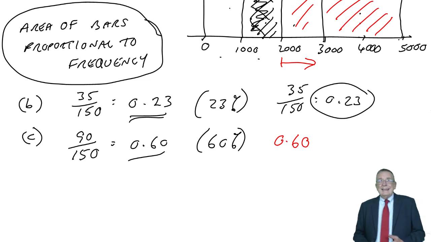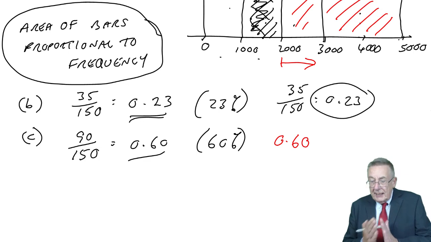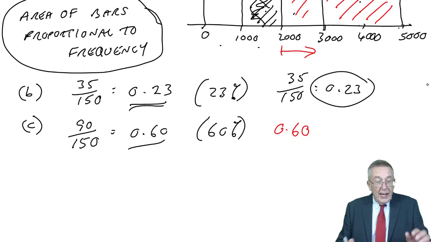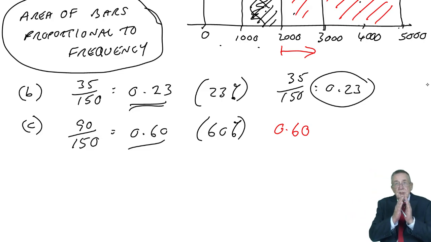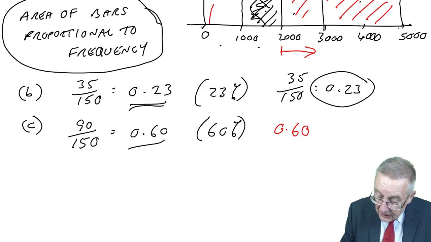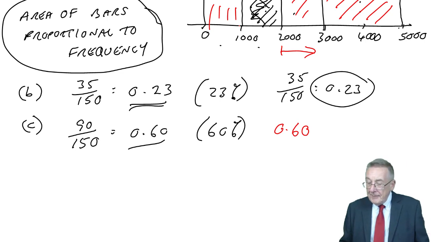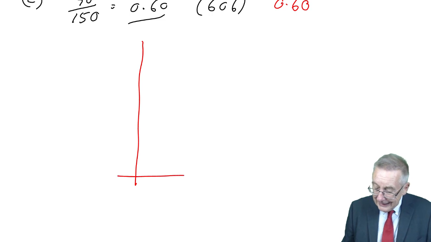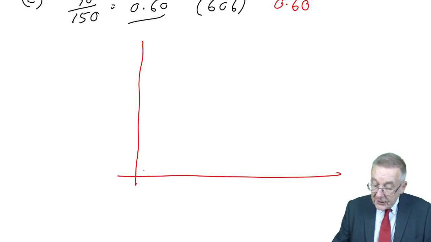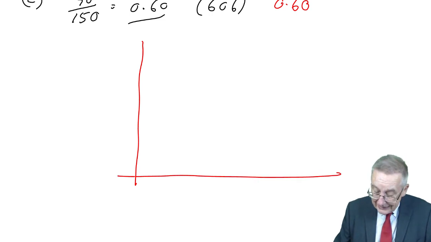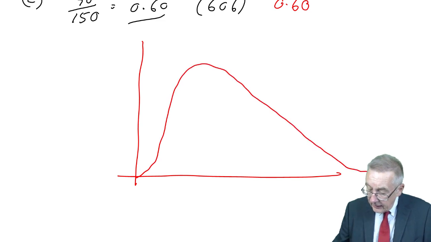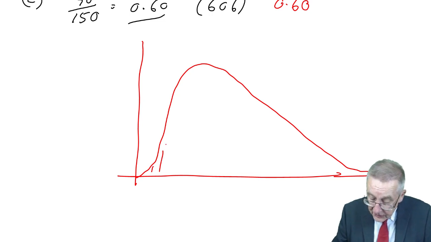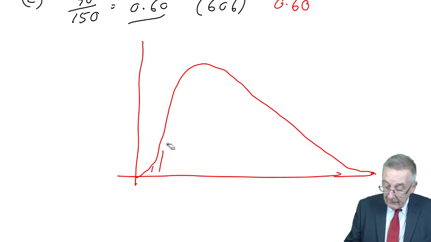In fact, if you looked in more and more detail, if we had a distribution where the ranges got smaller and smaller and smaller, and so the bars got smaller and smaller, you would end up effectively with a curve. Instead of bar, bar, bar, bar, some sort of curve.